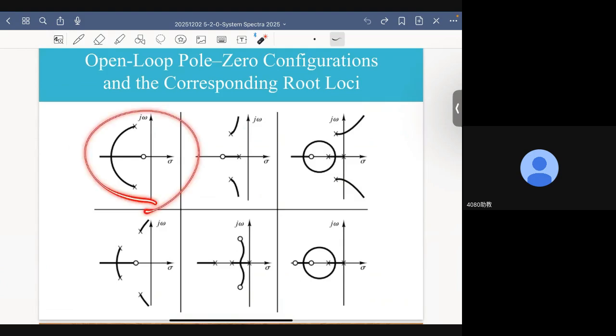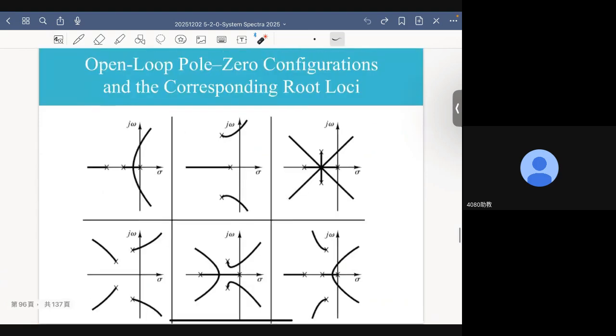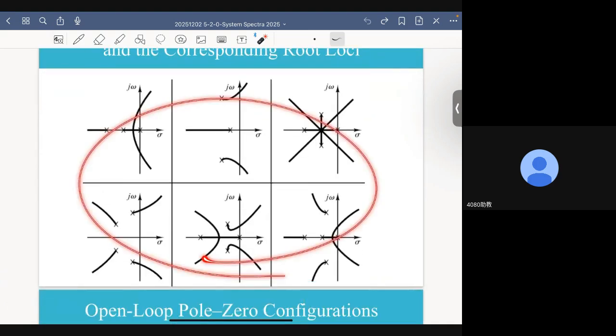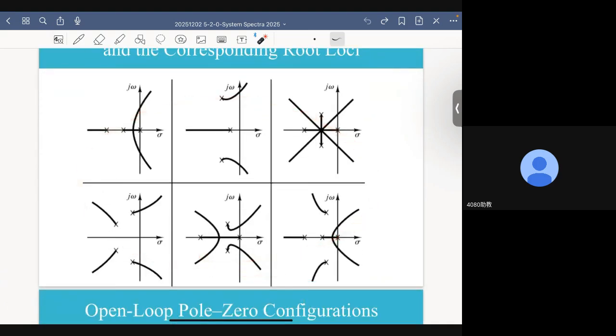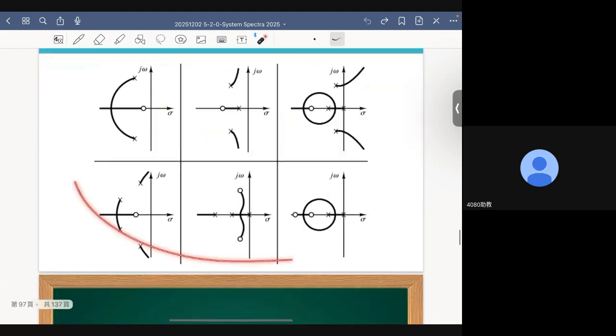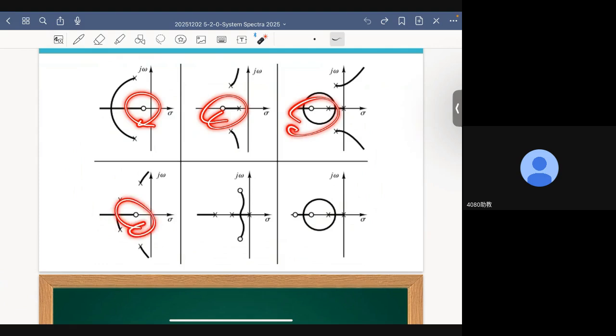For example, this is still a second order system, but here we have a pair of poles and only 1 zero. In this series of graphs, there is no zero whatsoever, but here we see zeros pretty much everywhere, okay?